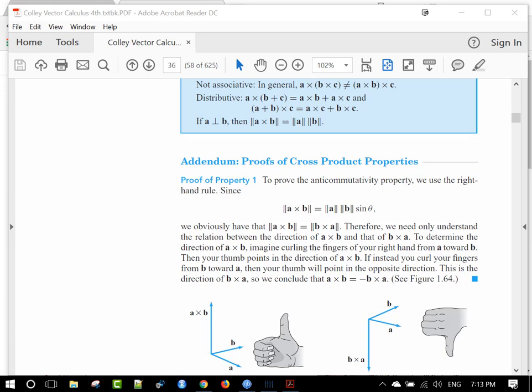They say, to determine the direction of A cross B, imagine curling the fingers of your right hand from A to B. We can see from this picture that A cross B is going to be up, but if you do B cross A, then when you curl your fingers, your thumb will point down when you go from B to A. So that shows you that A cross B points in the opposite direction of B cross A, and that's why we have the minus sign in front of it.